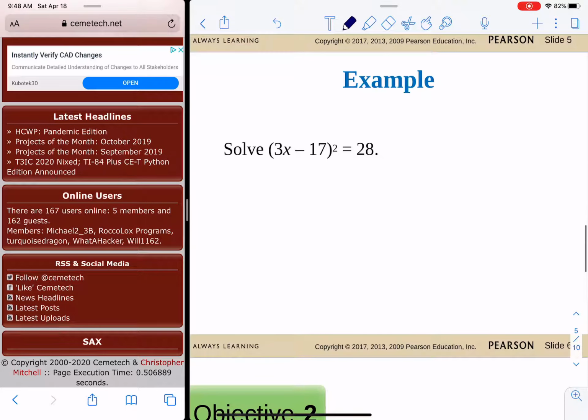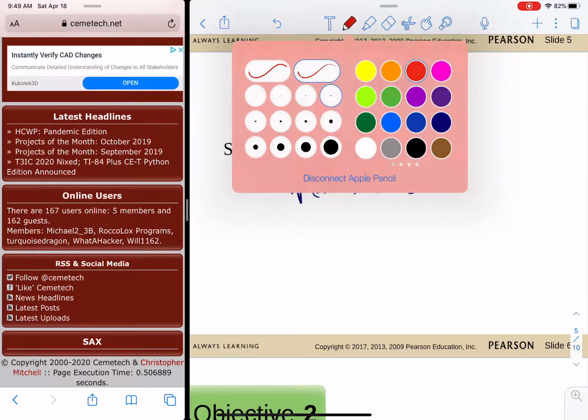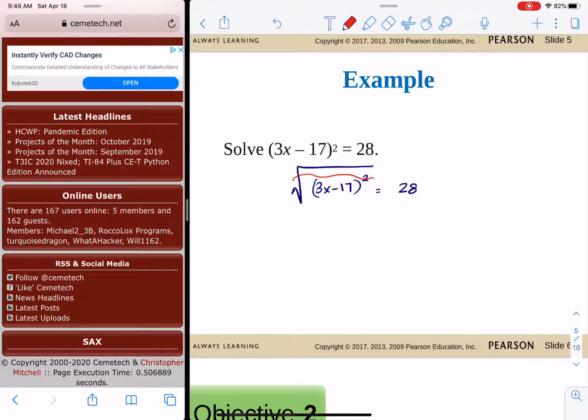So here is a slightly more complicated example, but still you can see the left-hand side is a perfect square, so we can simply use the square root property to find the solution. So take the square root on both sides. The root and the square would go away.